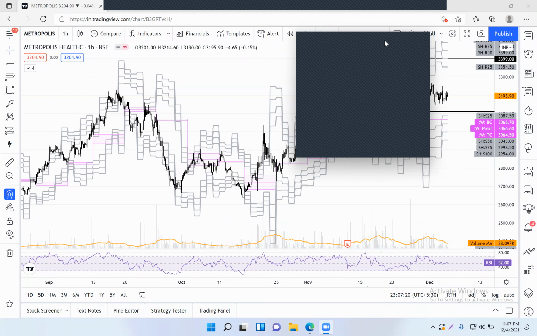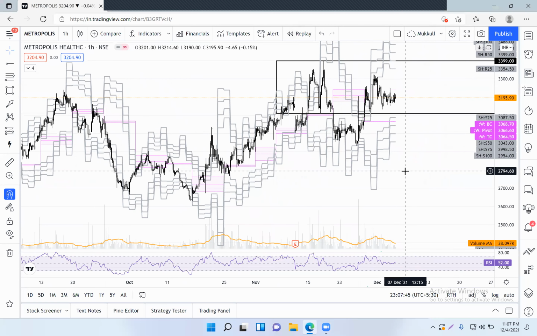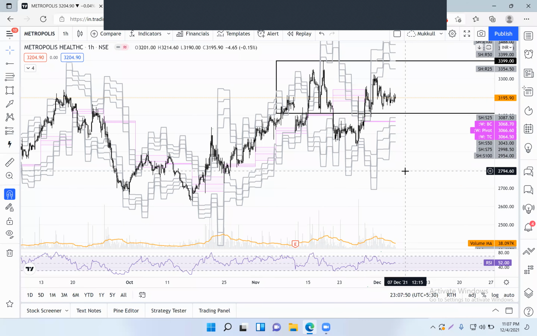There's a panic in the market, and this is the right time to start with the positional trade. But still don't hop on. We are yet to settle, right? The market is still on rise mode, so we are definitely about to fall more. But I would not like to talk about this.